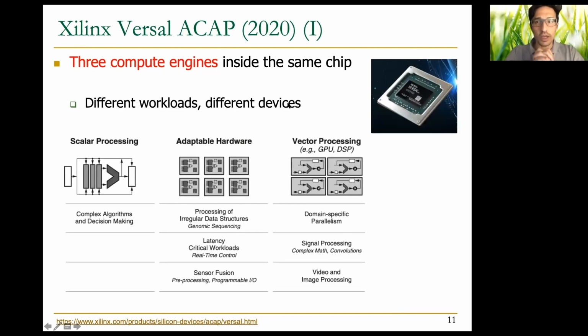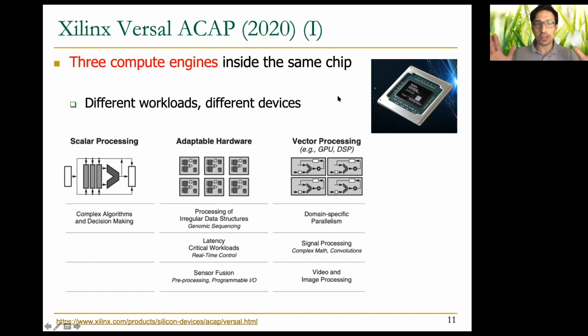Here is another interesting example, and actually it's a device that we are starting to work with at this time. It is a Xilinx Versal. It's interesting because it resembles the heterogeneous system that I showed in one of my initial slides.